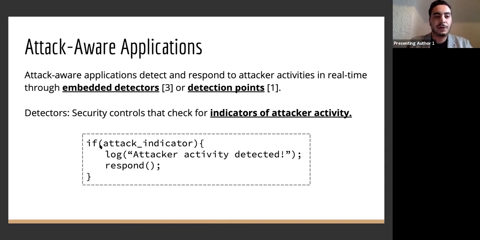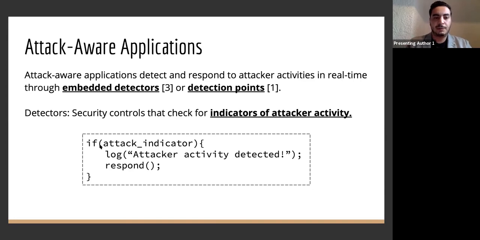applications is that of attack awareness, in which the idea is to have detectors or detection points that are strategically placed inside the application. So we are not speaking of the application layer on the network level, but inside the application code. And the idea is that those detectors are looking for specific indicators of attacker activity.